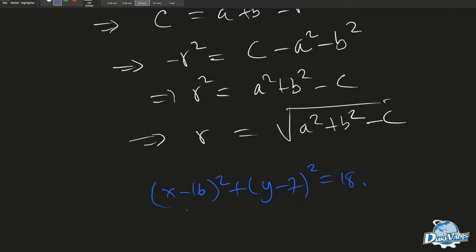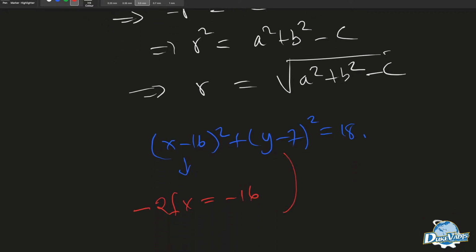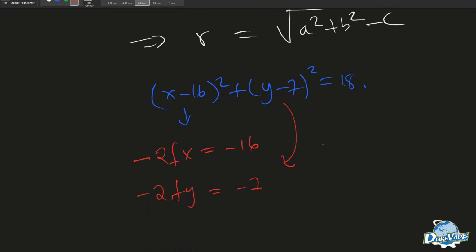So here, we will let minus 2f of x be equal to minus 16. Then this one we'll say minus 2g of y to be equal to negative 7. When we compute here, we're going to get our f to be 16 over 2, that is 8.